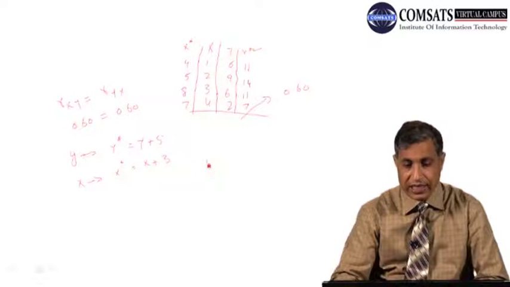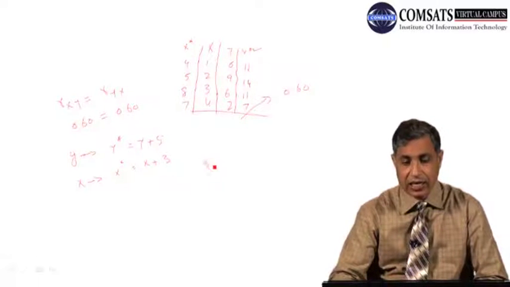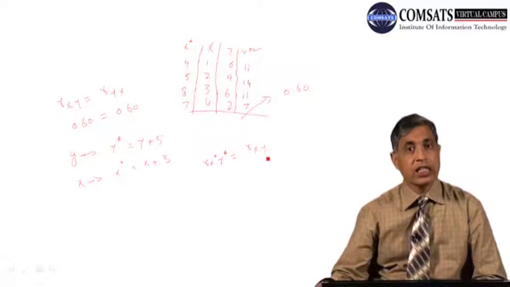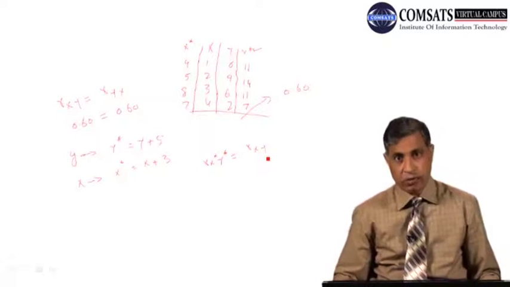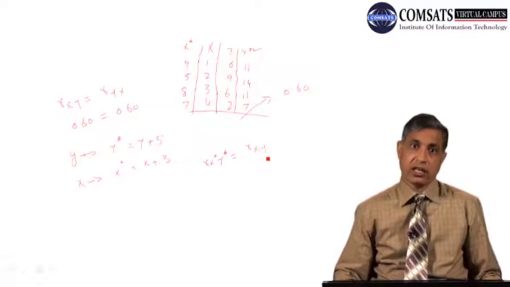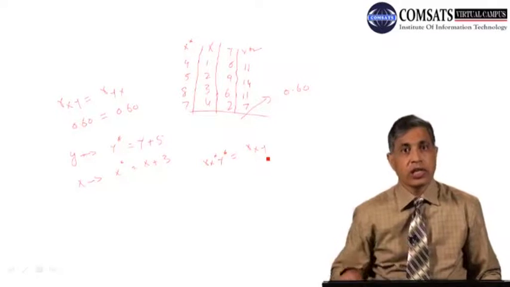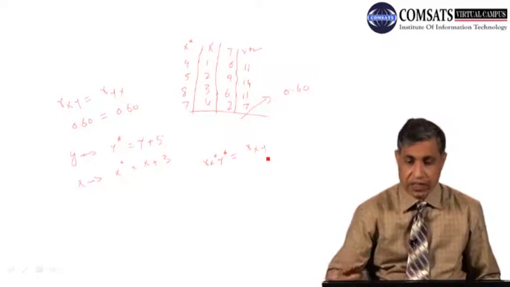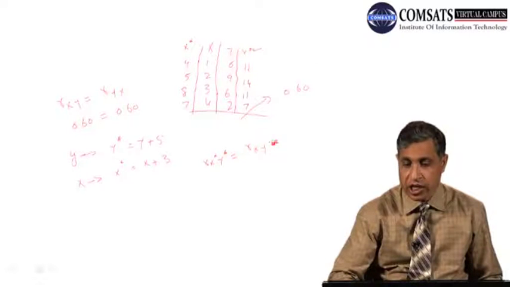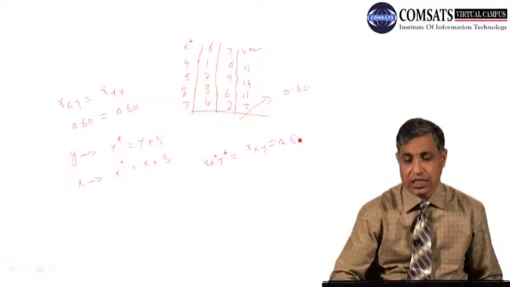So r x star y star is equal to r xy. What this means is that we have changed the origin by adding a numerical value to x and y, but the correlation coefficient calculated was the same, and in our supposition it should be equal to 0.60.